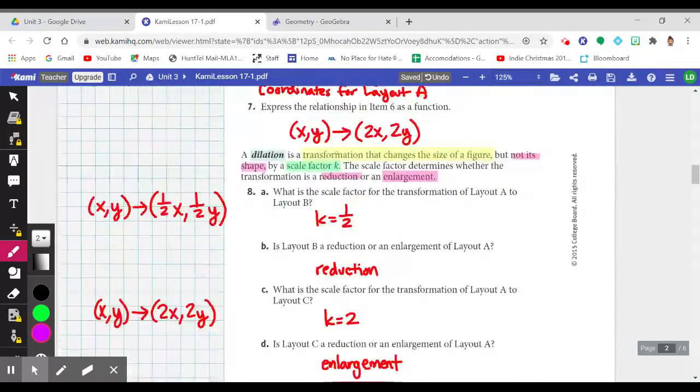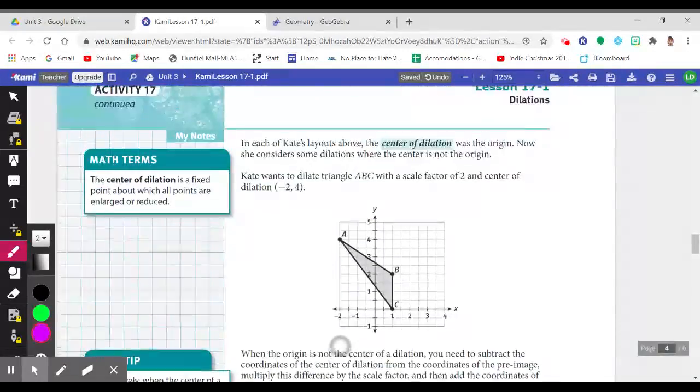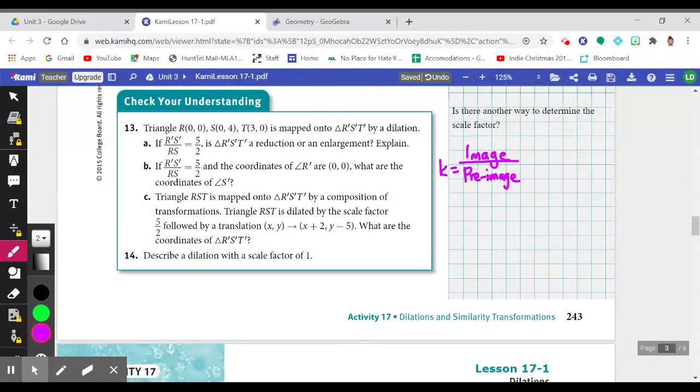So let's use that idea here and say, what is K if we have A prime, B prime from layout C compared to the length from layout A? Well, A prime, B prime in layout C was 12 units. AB from layout A was 6 units, and 12 divided by 6 is 2, our scale factor 2.